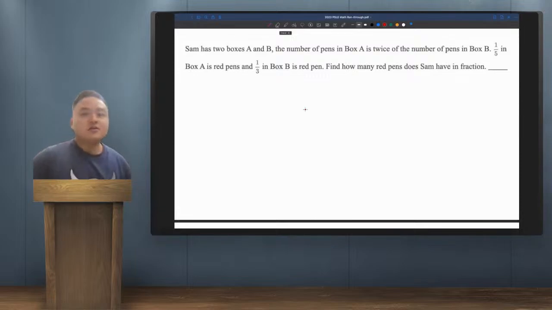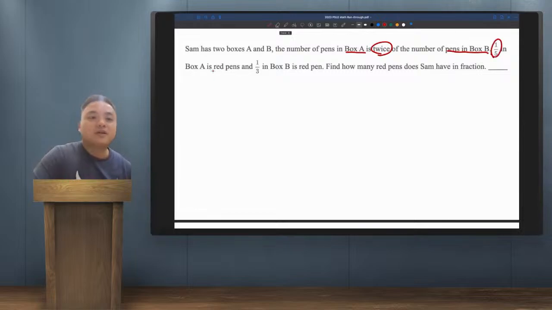So this one, Sam has 2 boxes, A and B. The number of pens in box A is twice the pens in box B. Then 1/5 in box A is red pen and 1/3 in box B is red pen.